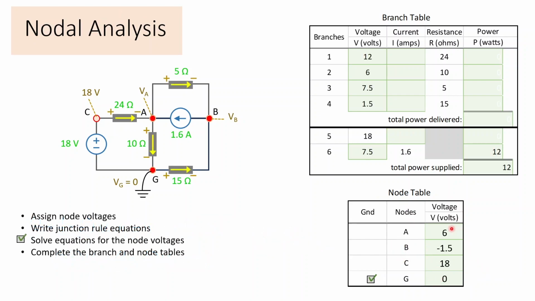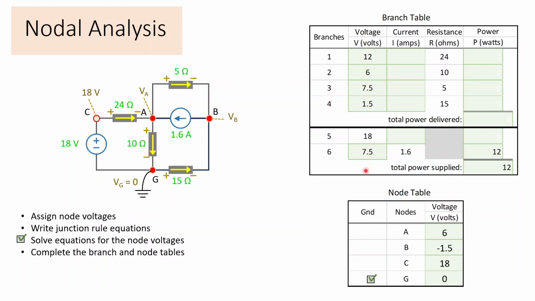Once we have node voltages, we can find volts differences for each branch, right? For example, the 24 ohms connects to nodes C and A. And C is 18 volts, A is 6 volts, the difference is 12. In the branch table, we do not carry a sign, right? You wouldn't say 6 minus 18 is negative 12.